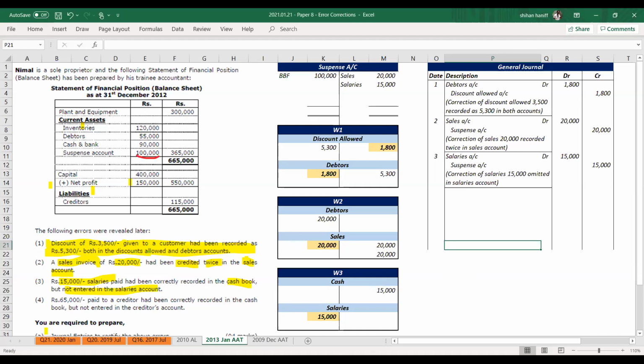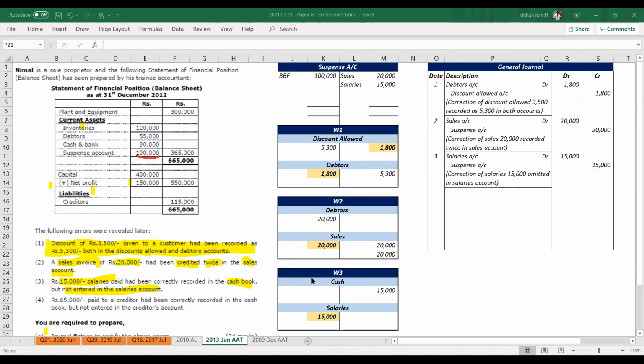Then number 4, there are some questions. If the suspense account balance is debit, should it be recorded in the current assets?